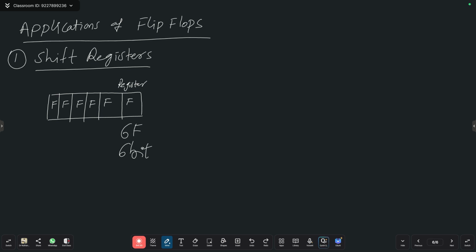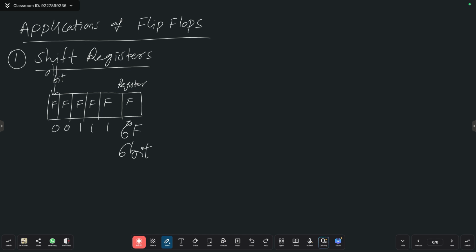Every flip-flop is going to store 1 bit, either 0 or 1. You know how to store. For example, if you want to give 0, 0, 1, 1, 1, 0, it is stored in the flip-flops, every flip-flop storing 1 bit. How to transfer, we are going to learn in the next topic. Are you clear?